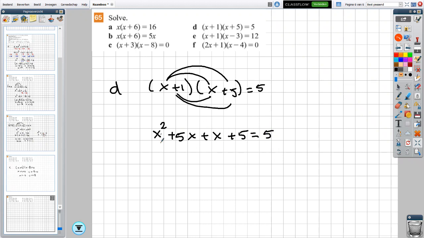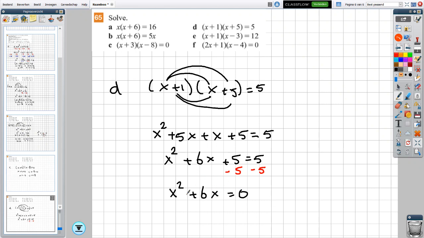Those are like terms, so I can add them up. 5x plus x is 6x, plus 5 equals 5. Now I do minus 5 to get this part equal to 0. Hey, and what I'm seeing here is that my 5 disappears. So I'm left with this.